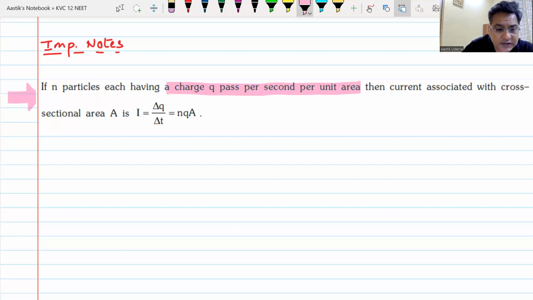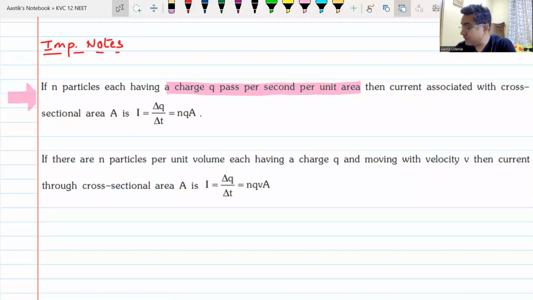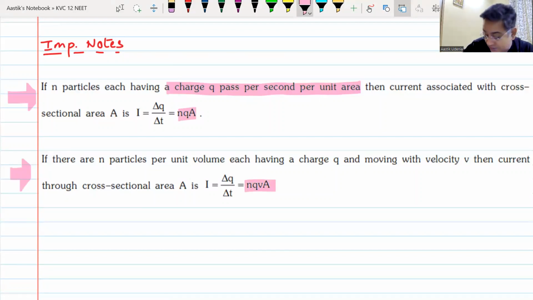If the charge is given per unit area per unit time, you multiply it by area. If it is given per unit volume, you multiply it by the volume and the number of charges that are flowing. Do we understand this, what I'm saying here? Yes, sir. Okay.